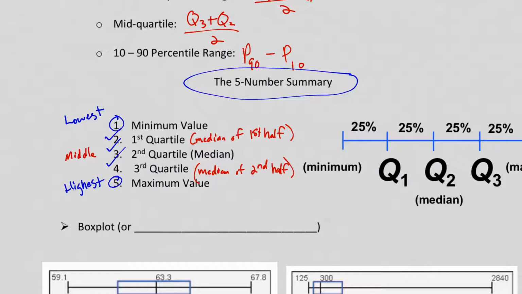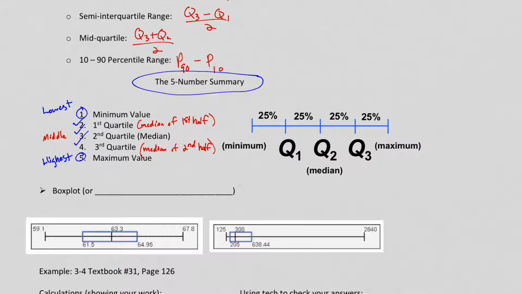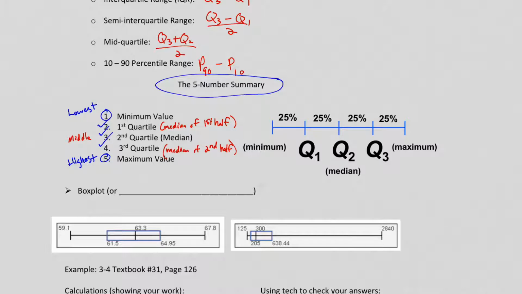Okay, so let's take a look at the picture over here. So there is your minimum, your maximum, and then your middle right here. Okay, and the middle between those two would be here, and the middle of the second half would be here.